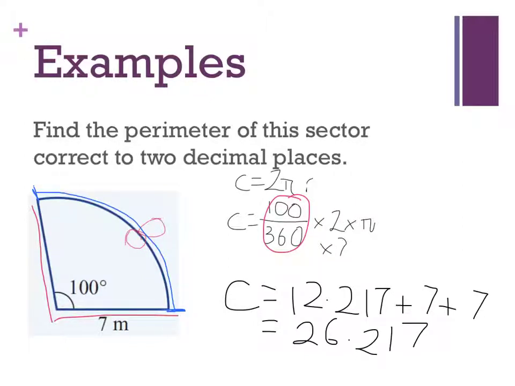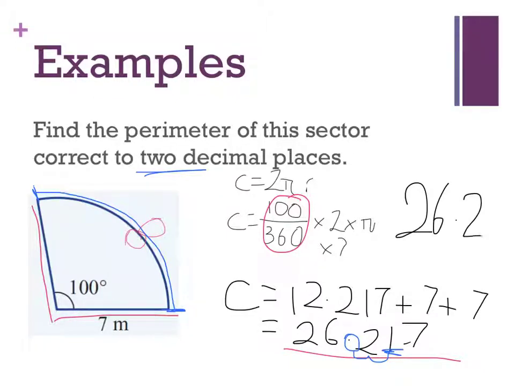Now, I want to round that to 2 decimal places. I find my decimal spot, 1, 2, that's my spot. The number next to it is a 7, which means this one must go up to a 2, so it becomes 26.22 centimeters. And that's it, guys. That's how I work out the perimeter of a sector.